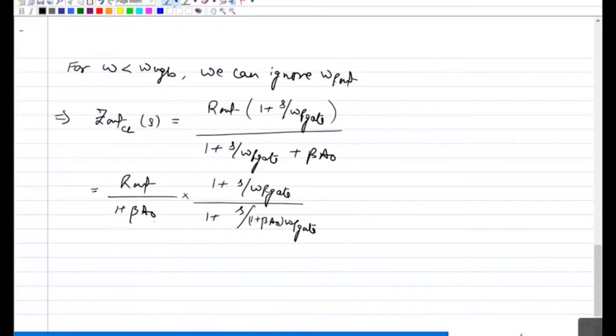So where is the pole and where is the zero? By the way, what is this? Can anybody tell, 1 plus beta I naught times omega P gate, what is this? UGB, sir. Yeah. So R out over 1 plus beta I naught.